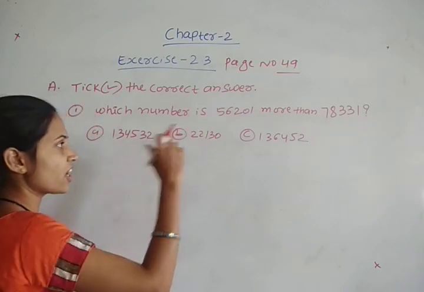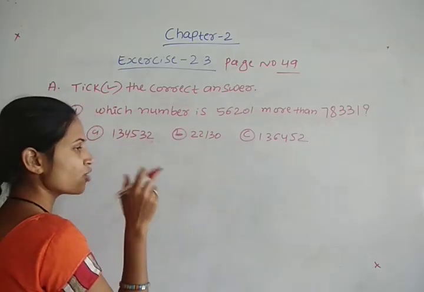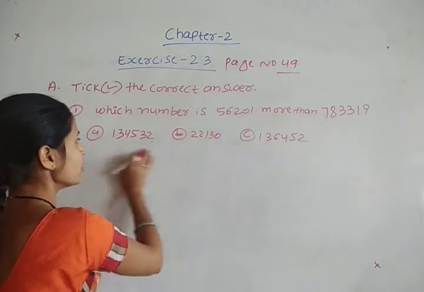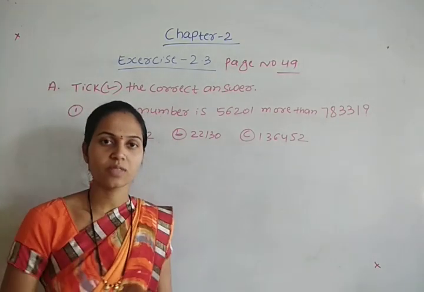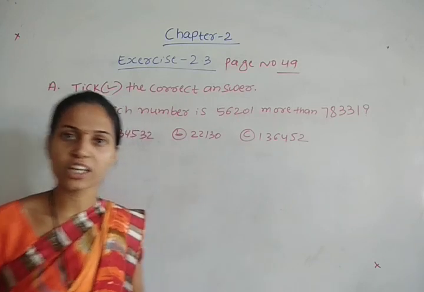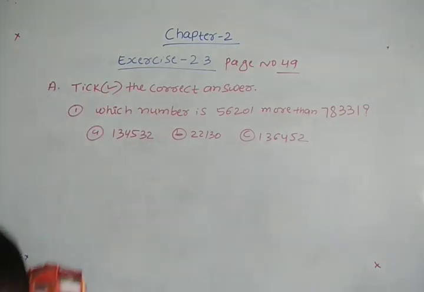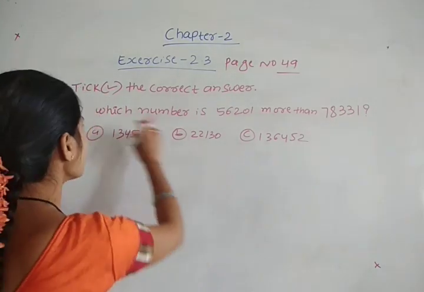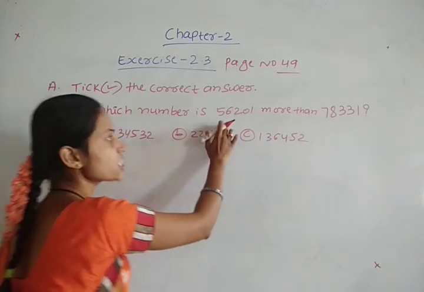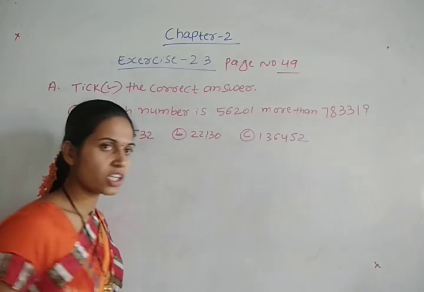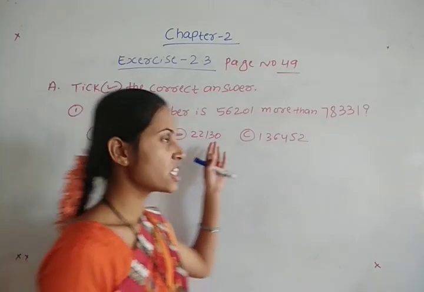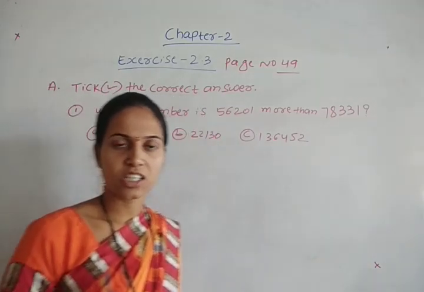Whatever answer we get, we should compare that answer with these three options, and whichever is matching to that answer, we should tick that one as the correct one. Now in the question, which number is 56,201 more than 78,331? We have solved these kinds of problems in yesterday's class in the examples.